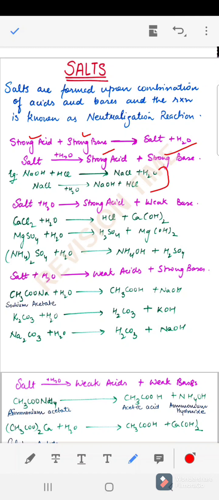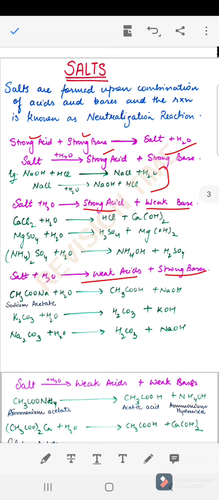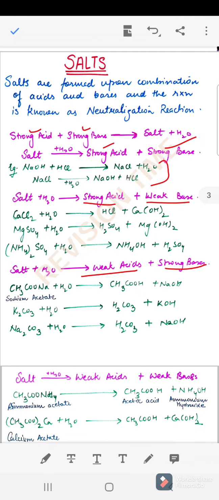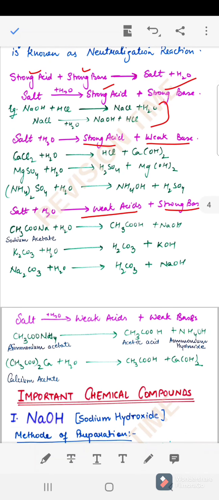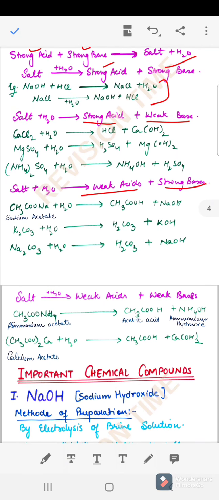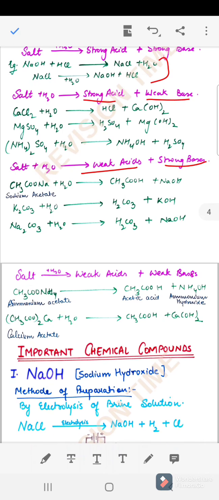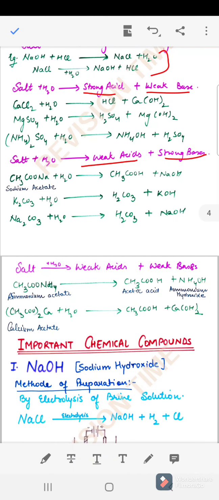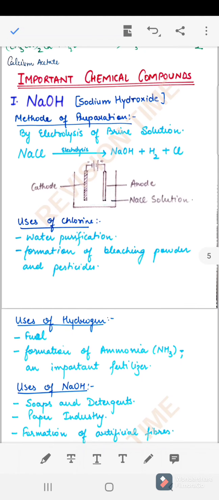Salt can also be produced from strong acid weak base, weak acid strong base, and weak acid and weak base. So these are the situations of the formation of salts, and we have examples also. There's nothing to explain here, but you all have to learn the examples. It is your work and your practice to learn the examples.